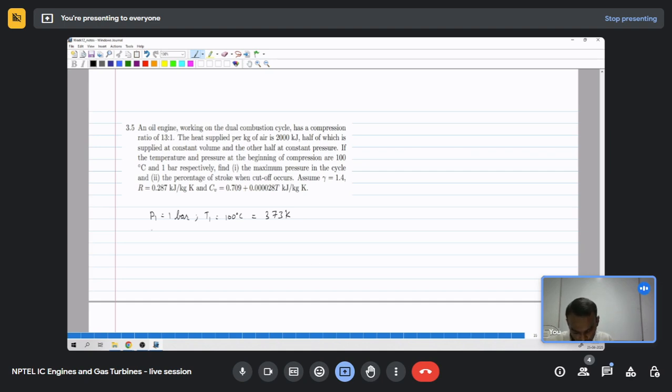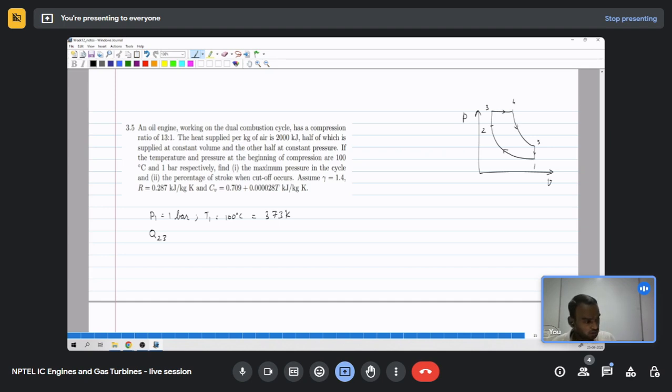And Q input Q23, so we can draw the dual cycle. The PV diagram will have an isentropic compression 1 to 2, then a constant volume combustion 2 to 3, a constant pressure combustion 3 to 4, then an expansion 4 to 5 and then blow down 5 to 1.